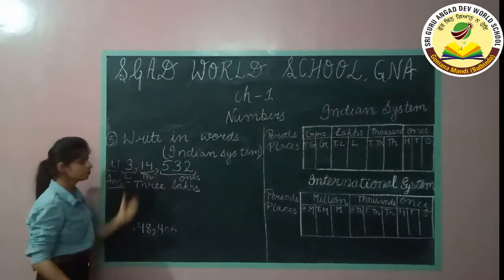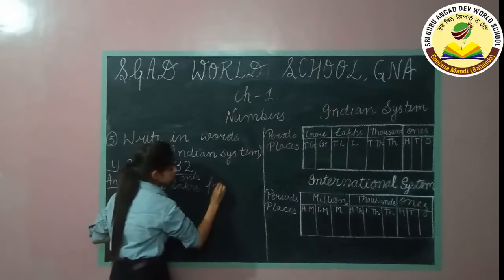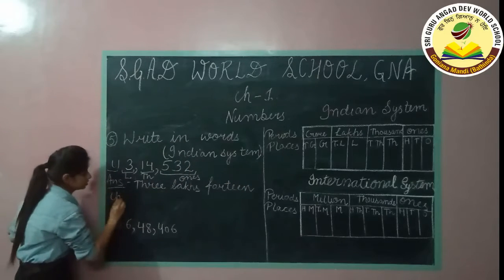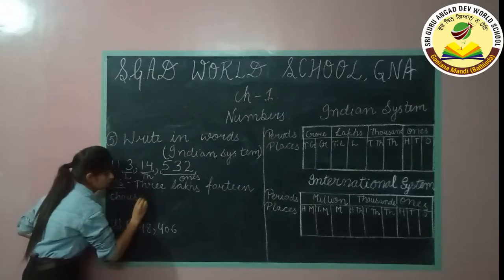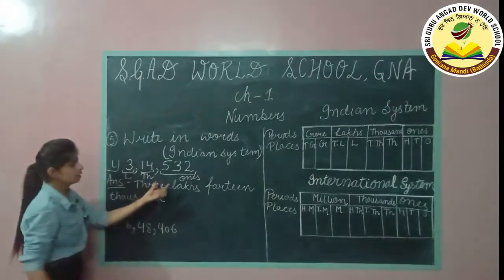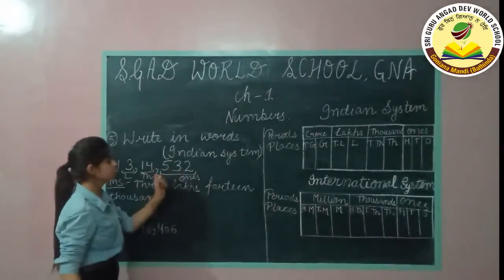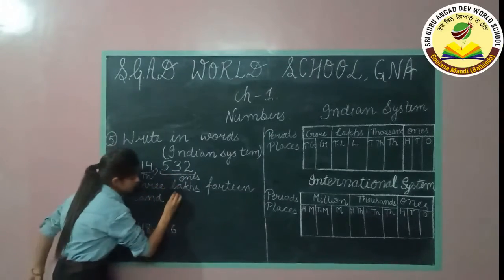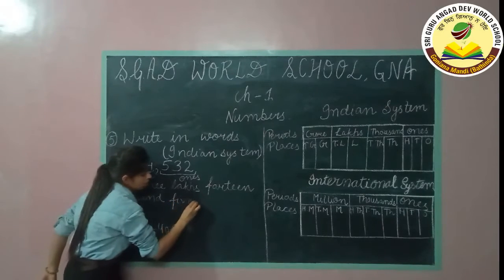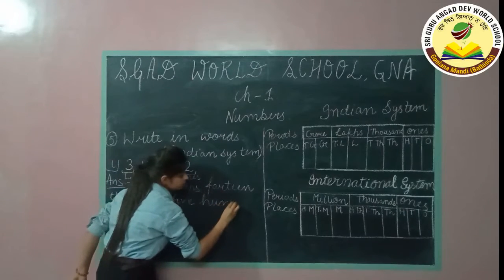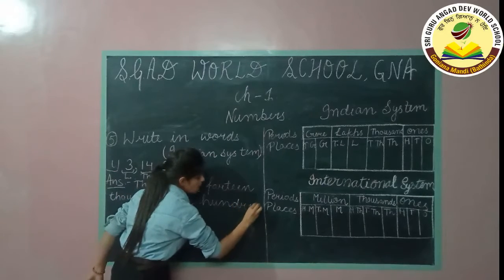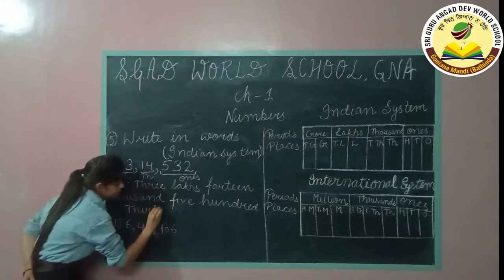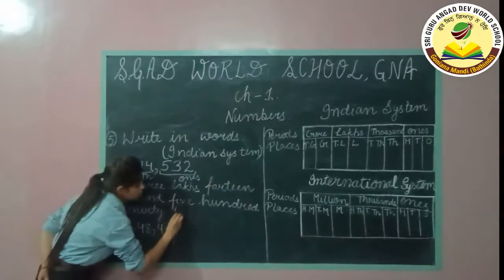The thousand period is 14, 14,000. And the ones period is 532. So it is 3,14,532.